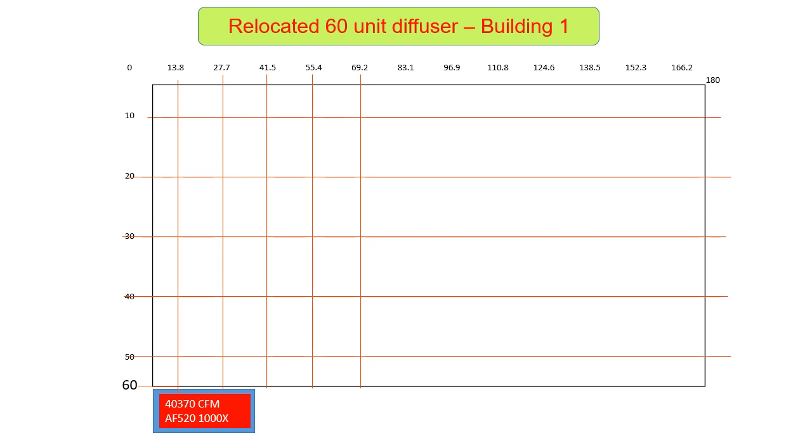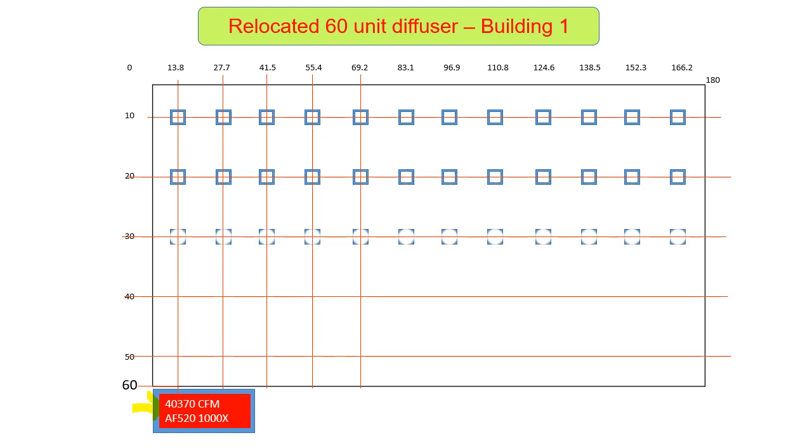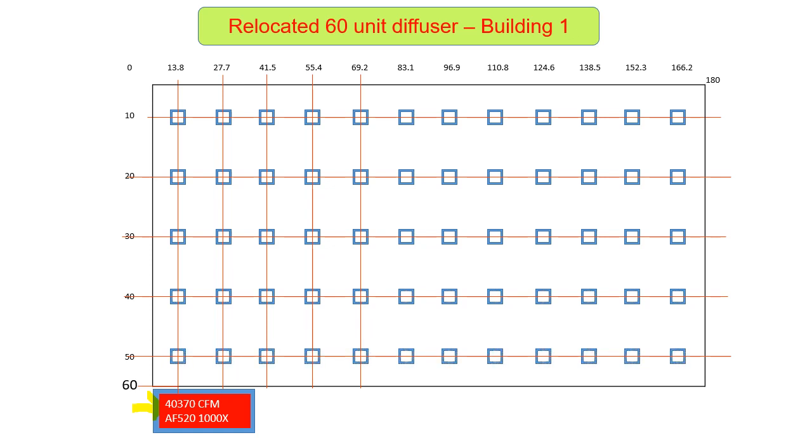So basically, this is the AHU box, which has 40,370 CFM, and this is the diffusers, the arrangement of diffusers.